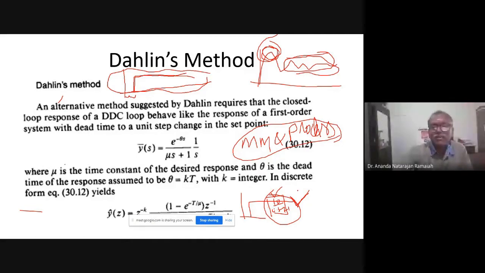It's not possible to model a process exactly. Already we have seen that if you take a level process and obtain the mathematical model by first principles, it's a first order process. If you see level alone, then it is a first order process.